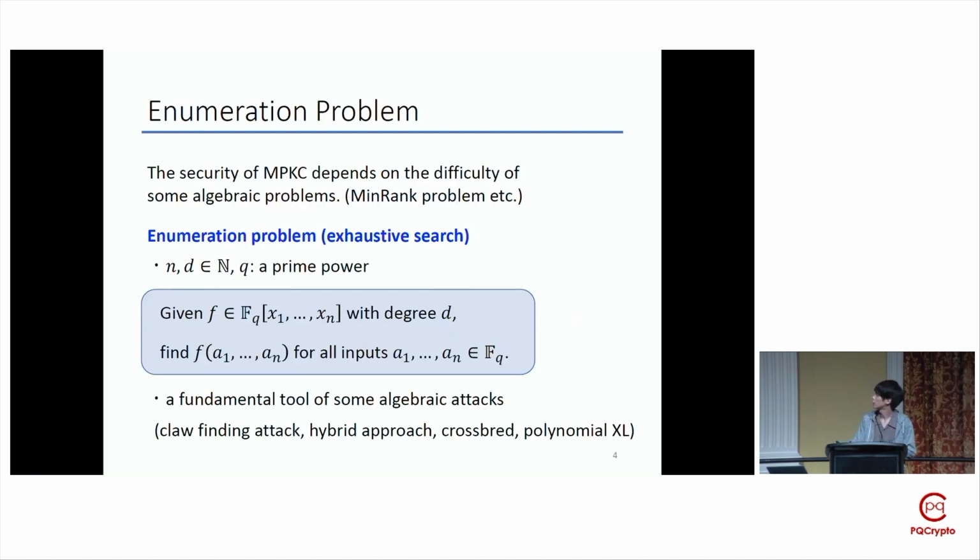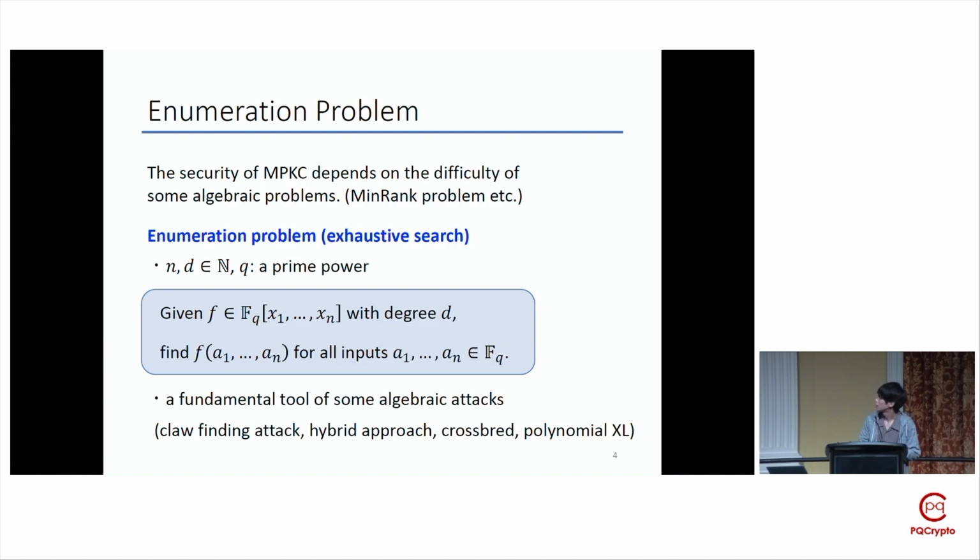And the security of MPKC depends not only on the difficulty of the MQ problem but also on some other algebraic problems, such as the MinRank problem. And this enumeration problem is also one of such problems.